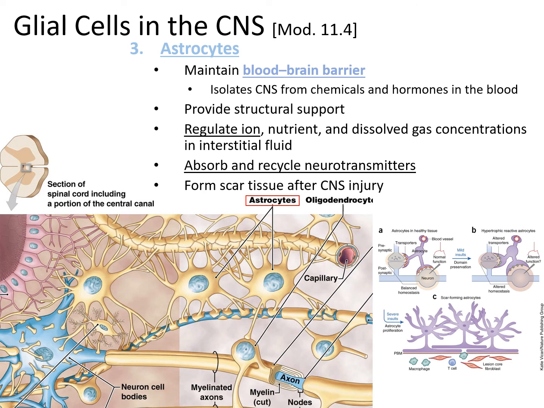It just takes a really long time. So astrocytes are helping to heal your CNS. It's actually the Schwann cells that help you to heal damaged nerves in your periphery.